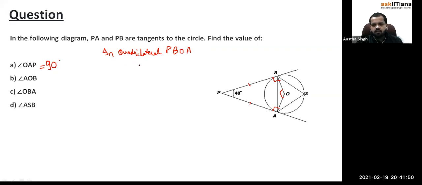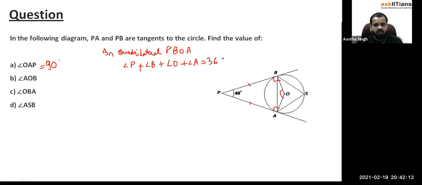All angle sums will be equal to 360. In any quadrilateral, the angle sum is equal to 360. So angle P plus angle B plus angle O, it is basically asking about angle O, or you can also write angle AOB, plus angle A is equal to 360.